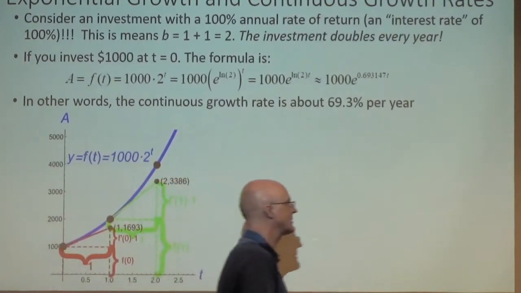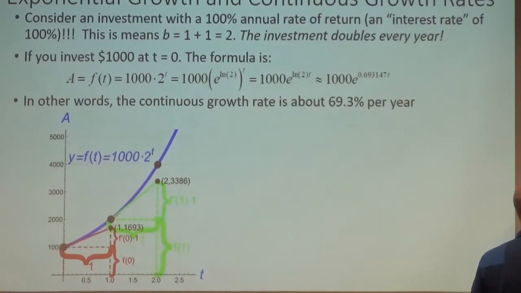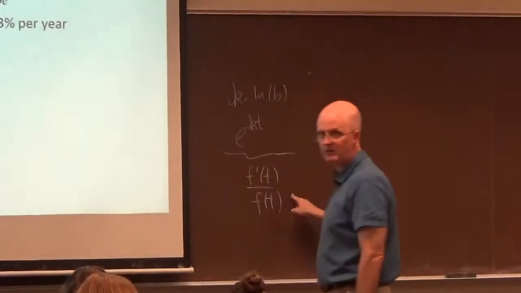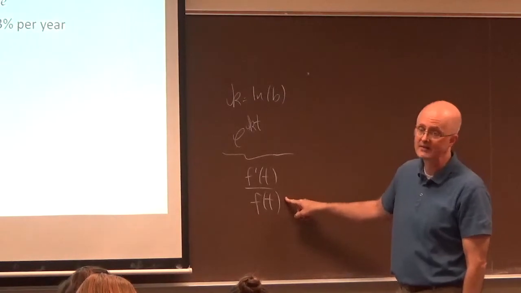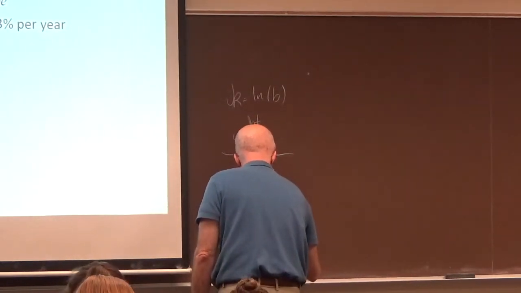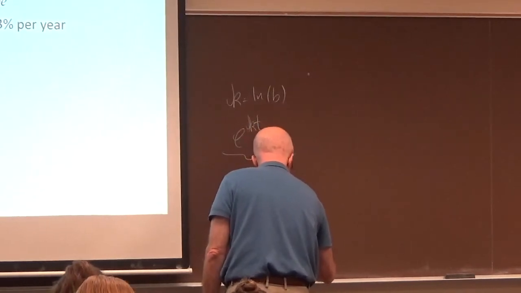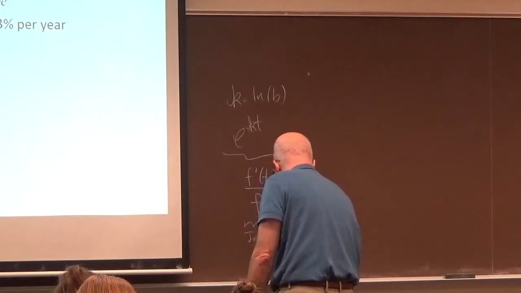Remember, one of the things I wrote down last time, or had on the PowerPoint, was what that thing equaled in the situation. I called this the instantaneous relative rate of growth. The word relative needs to be in there.